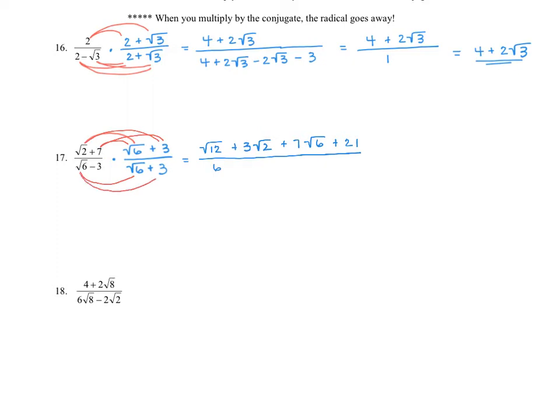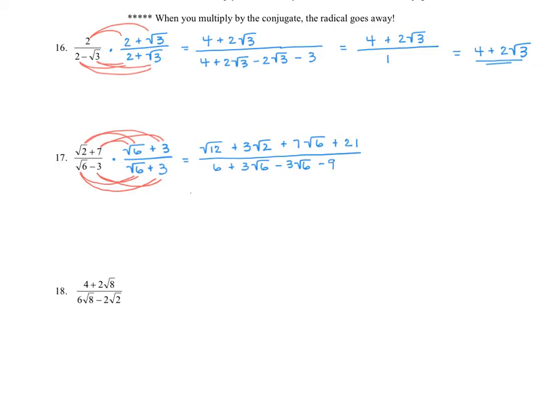Rad 6 times 3, which is plus 3 rad 6. Negative 3 times rad 6, which is negative 3 rad 6. And negative 3 times 3, which is negative 9.